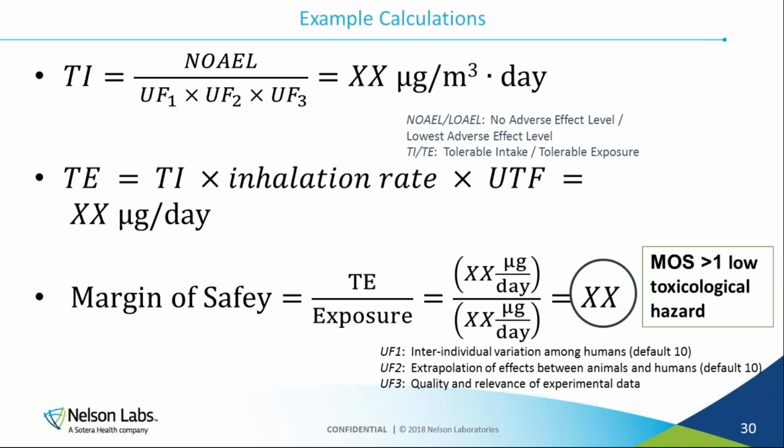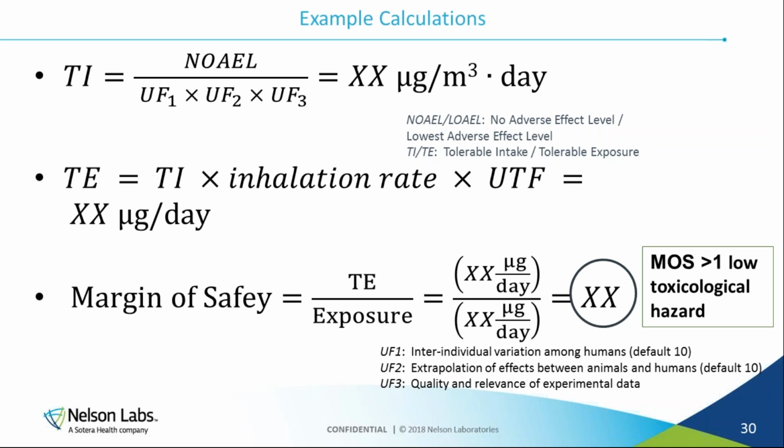And then we add another safety factor, which is actually a combination of 2 additional safety factors: the number of medical devices that can have the same compound in them that may be used on the patient at the same time, or how often we may be exposed to this compound through other sources, maybe our food, maybe it's naturally found in the air, those types of considerations. And then we get our tolerable exposure dose per day. And then we run our margin of safety.